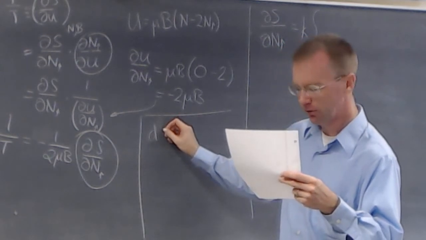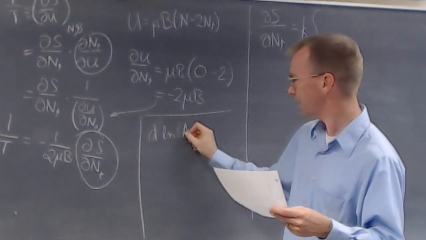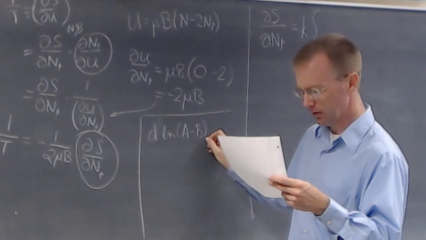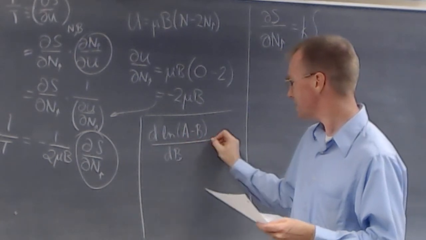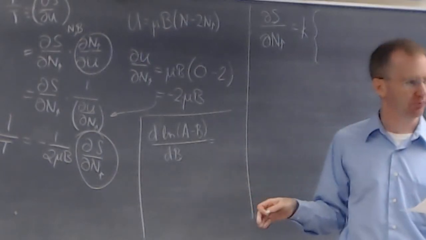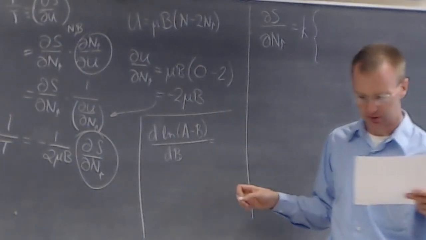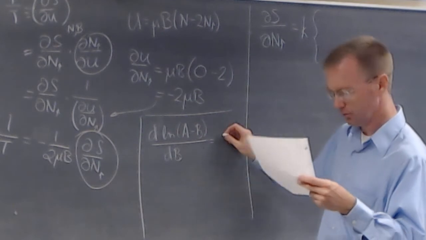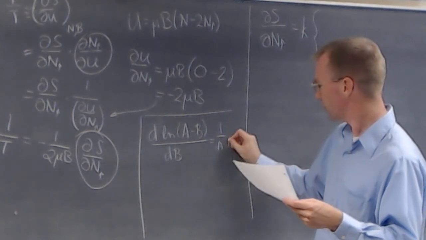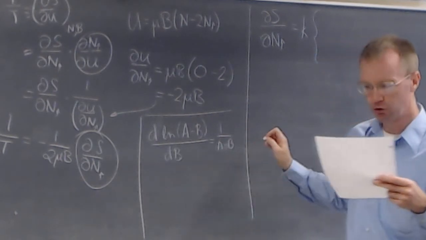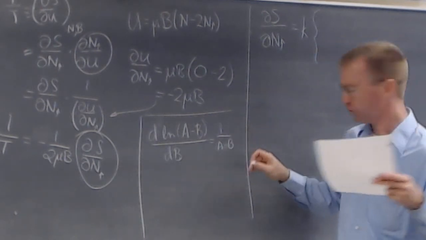The derivative of the log, natural log, of a minus b with respect to b. I had to do a few steps here. That turns out to be, well, let's see, it's 1 over a minus b, all times the derivative of a minus b with respect to b.